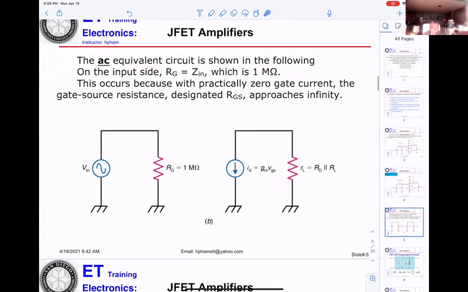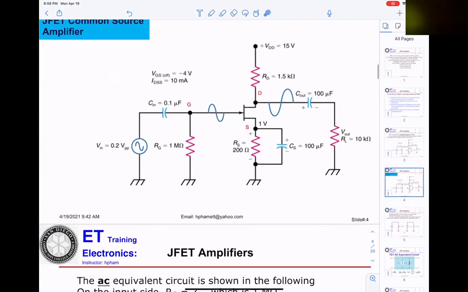Now, AC equivalent circuit. Hey, Mr. Pham, I had a question on this circuit here. Did I hear you right? Did you say that there's no voltage at VD? Because from the source, you said that 1 volt is the DC voltage, correct? Yes, we added 1 volt.